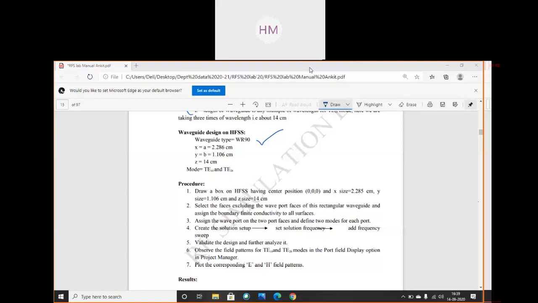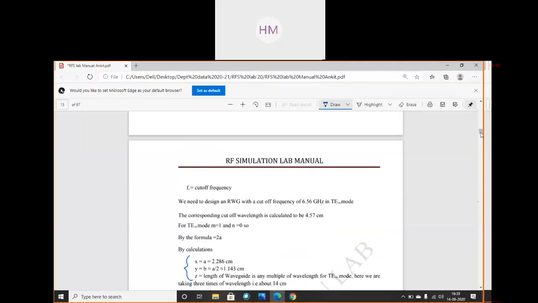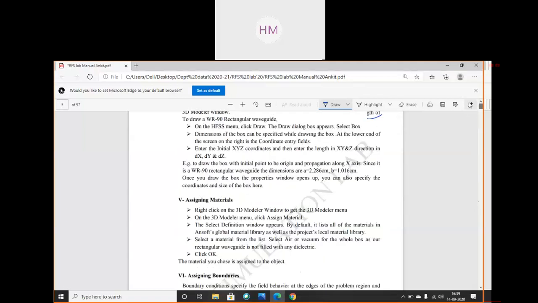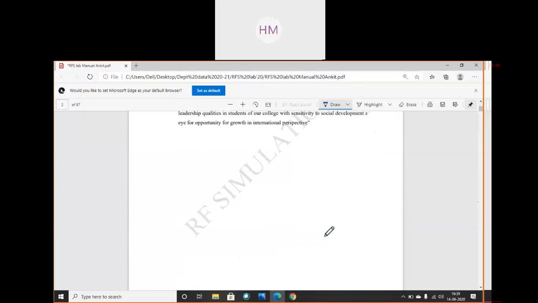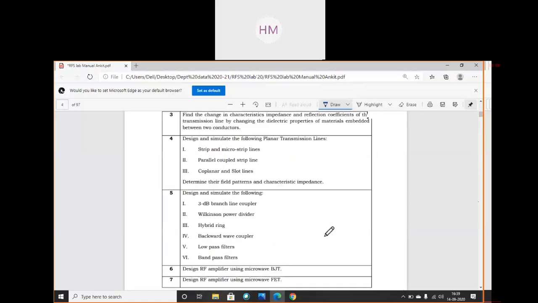I think in next class we will do that, because today just 5-6 minutes are left. So these steps we have to follow. Just write down all these steps in your copy, and the initial steps of HFSS software also, which we discussed earlier.